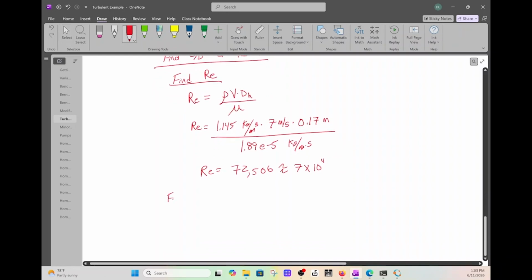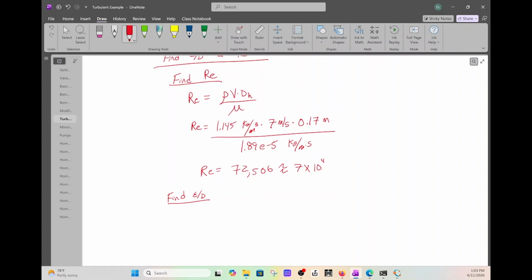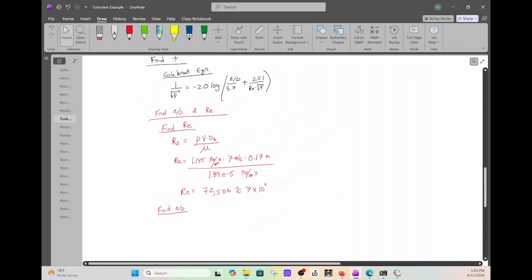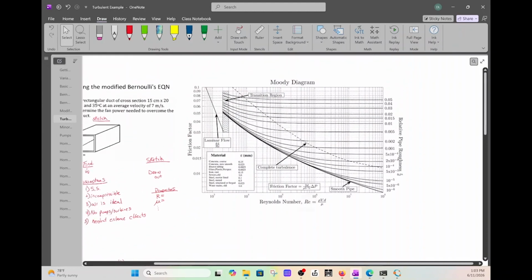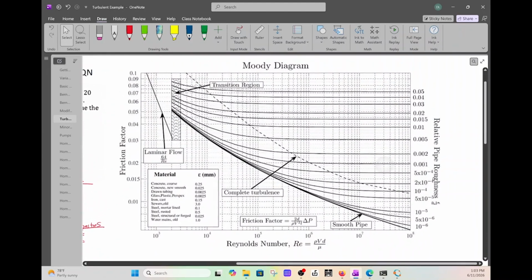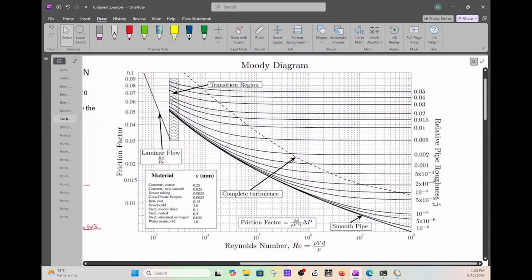We need to find this epsilon over D term. And we need to use the chart up here first. So let's go to the chart. And we're using steel.